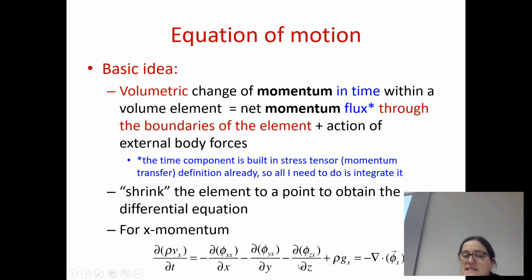So this is something we already had. If you remember when we were doing thin film, we didn't have this part because we ignored the y direction, right? But we had minus d/dx of phi xx and minus d/dz of phi zx plus rho gx. Yes?